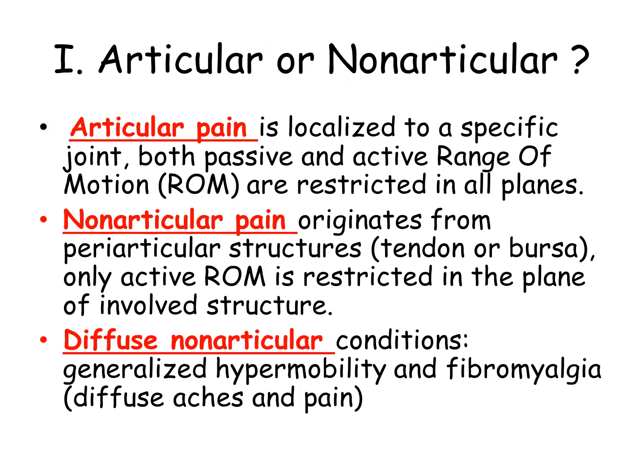So is the pain localized to a specific joint? और ये भी पूछना है कि in both passive और active ranges of motion में पेन होता है और क्या ये ranges restricted हैं या नहीं. अगर नॉन आर्टिकुलर पेन है यानी वो जॉइंट स्ट्रक्चर के अलावा, तो हमें पता होना चाहिए कि whether this pain is in the bursa, a tendon, or a muscle. सो अगर वो स्पेसिफिक एरिया इन्वॉल्व होगा तो उस स्पेसिफिक मूवमेंट में, जिस प्लेन ऑफ मूवमेंट में वो स्ट्रक्चर इन्वॉल्व होगा पेन होगी और हो सकता है रिस्ट्रिक्शन ऑफ मूवमेंट हो.